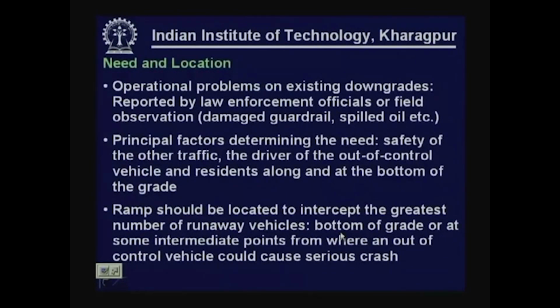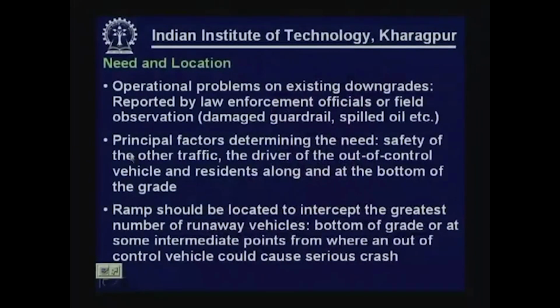Then, the need and location for emergency escape ramps. If operational problems are observed on existing downgrades, there a ramp may be justified. On existing grades, normally the law enforcement authorities, maybe the traffic police or corporation, will report, and their records will show that a lot of accidents are taking place. Also, from field observations, one can get a trace of that kind of problem.